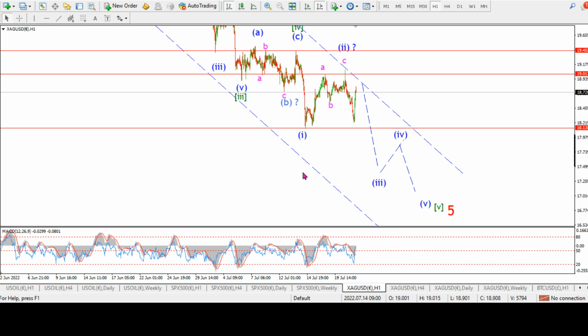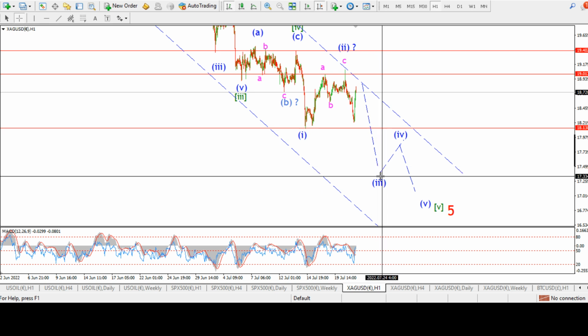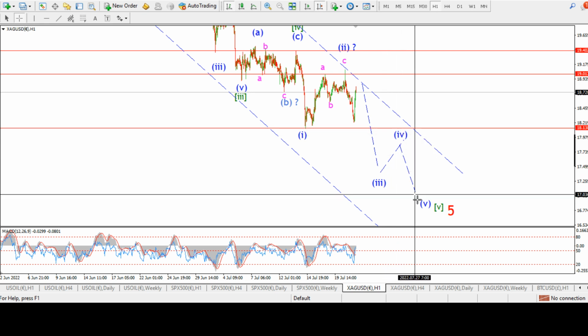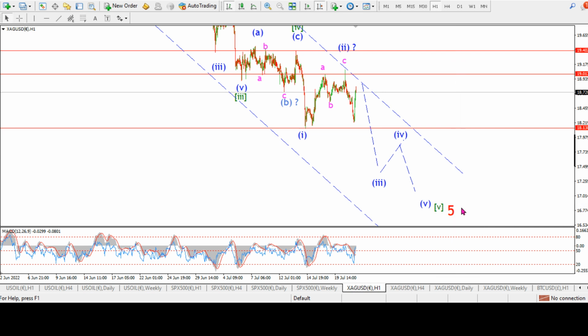If that's the case, then we will get a new break of 18, probably below 18 next week, towards that 1750 area for wave 3, a correction higher in wave 4, and then one last decline into wave 5 of 5 of 5 of C of 2.